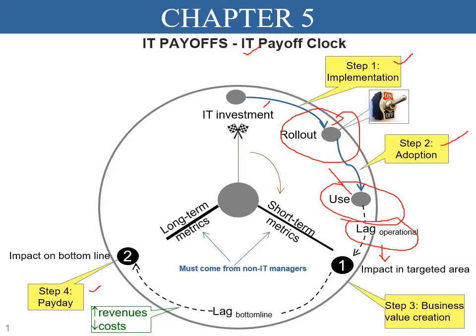Now, next is step 3, business value creation. Meaning that once the users are familiar with the system, your company will start generating business value. Starting at this point, your company will start calculating revenue and cost.